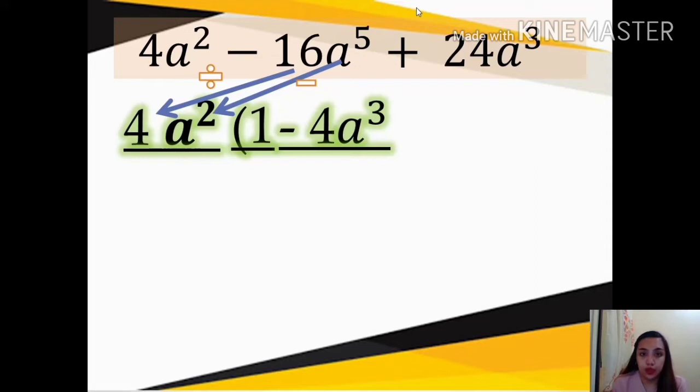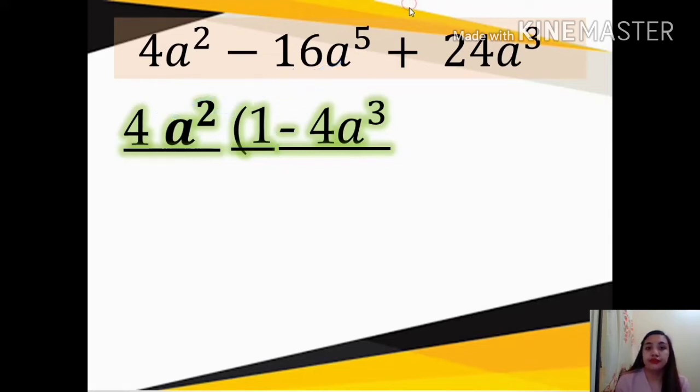Subtract the exponents when we are dividing. So, 5 minus 2 is 3. Therefore, the final exponent of a is 3. Where did I get the minus sign? Of course, you will just copy the operation. So, when you divide 16a to the 5th power by 4a squared, you will get 4a cubed.